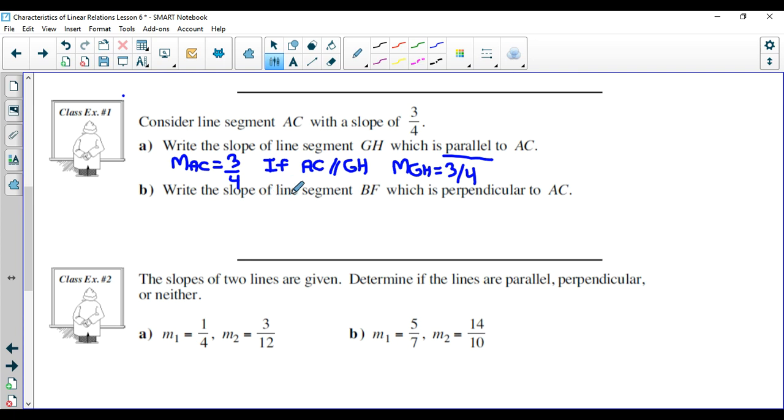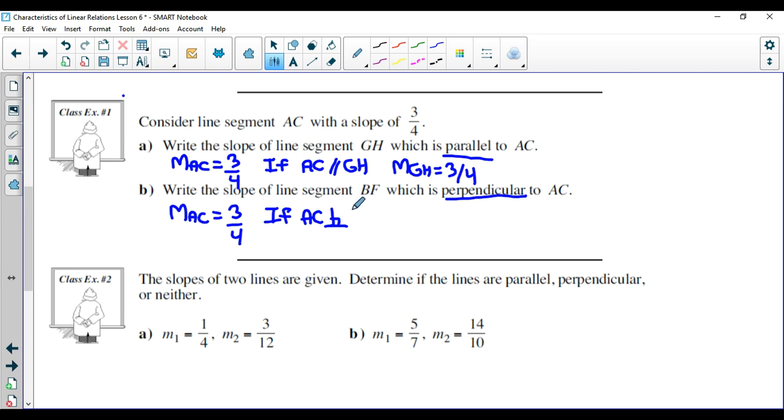It says write the slope of line segment BF if it's perpendicular to AC. AC has a slope of 3 over 4. Now, for perpendicular we can use this symbol: two lines that intersect at a 90-degree angle, with a square to represent that.